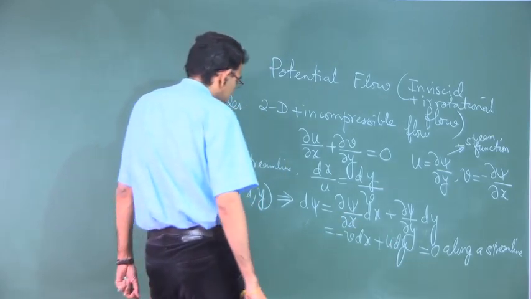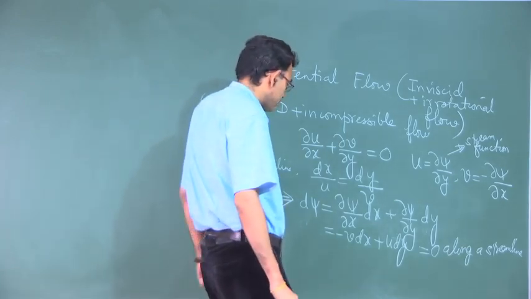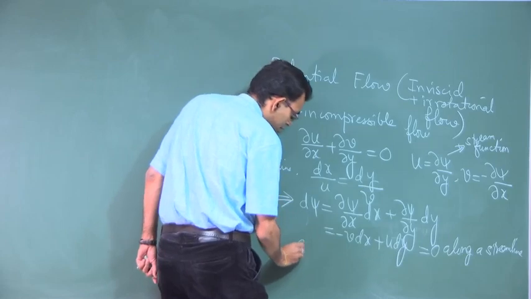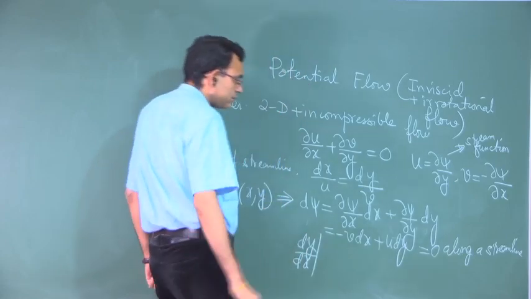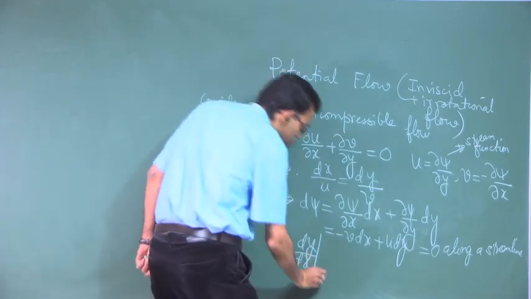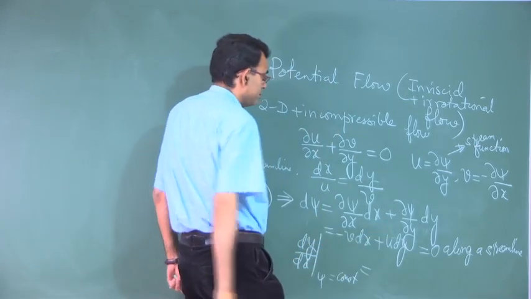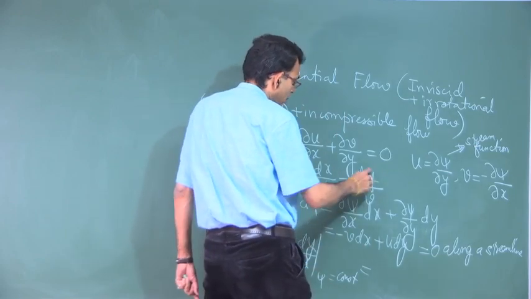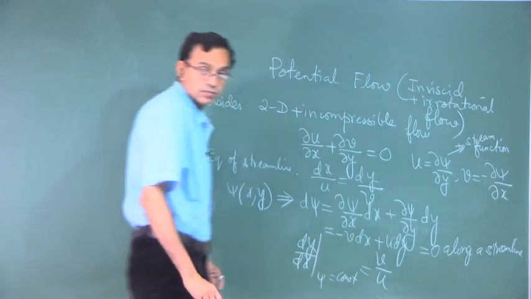So, you can write from here also dy dx for psi equal to constant from the equation of the streamline. dy dx is v by u, right.